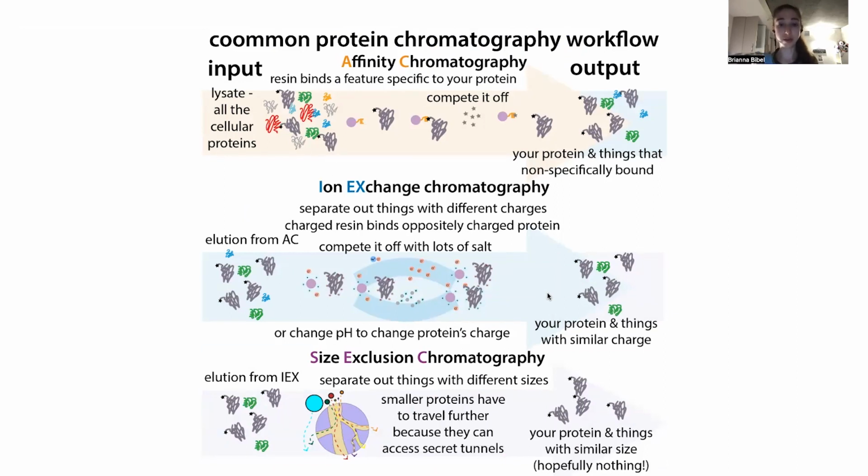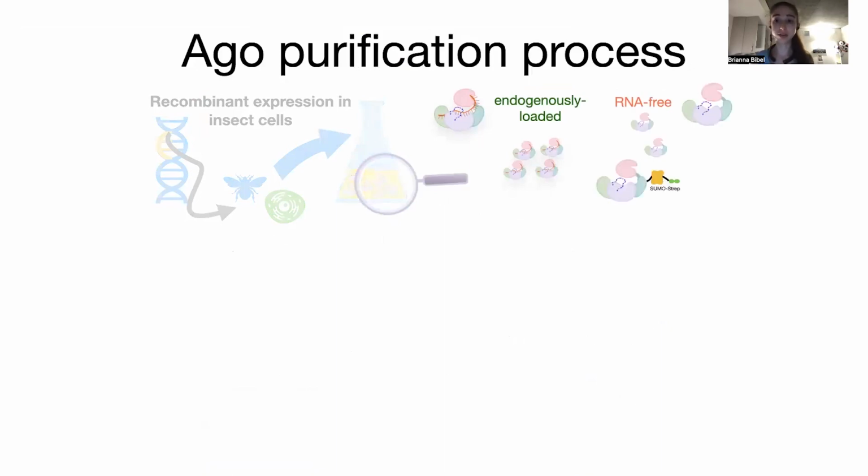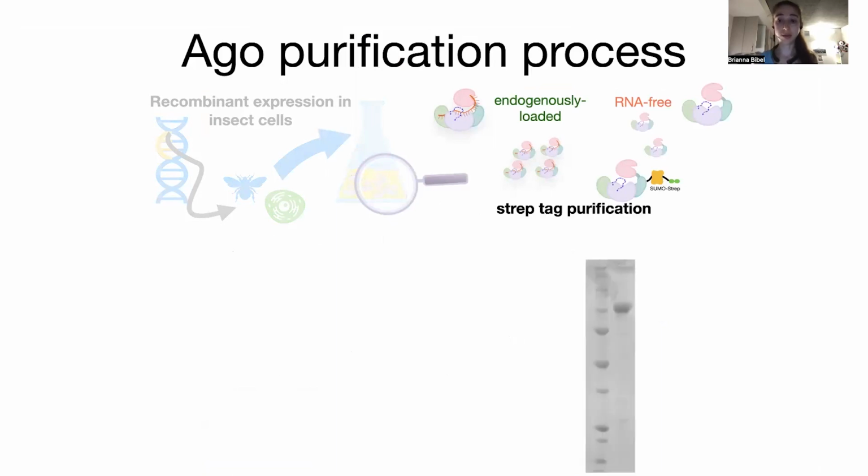So here's an example from grad school where I was purifying that protein. I purified it with a SUMO Strep tag. With that Strep tag, we're running the gel now. I see this product that's high up.